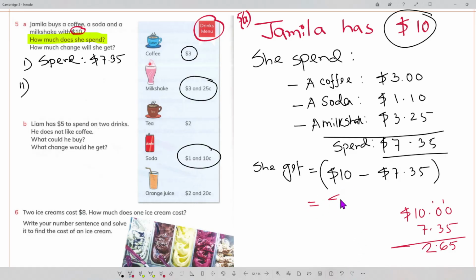She has $2.65. So we can write that after change she has $2.65. Very simple.